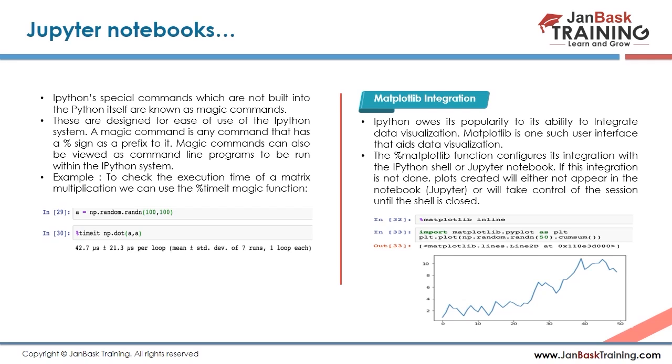So plt.plot is plotting a random number, and the cumulative sum is being plotted. Random numbers from 0 to 50, and their cumulative sum is plotted. Cumulative sum means 1 plus 2 equals 3, plus 3 is 6. Likewise it's plotting.